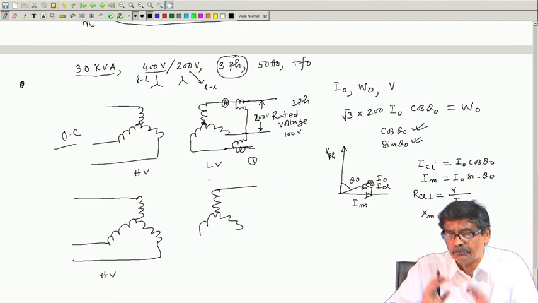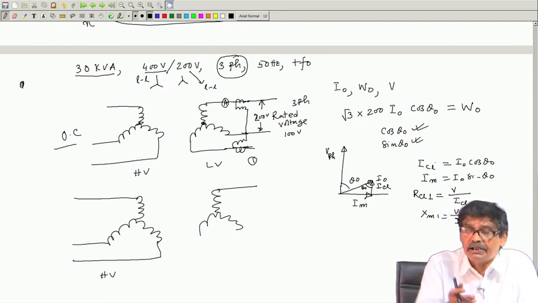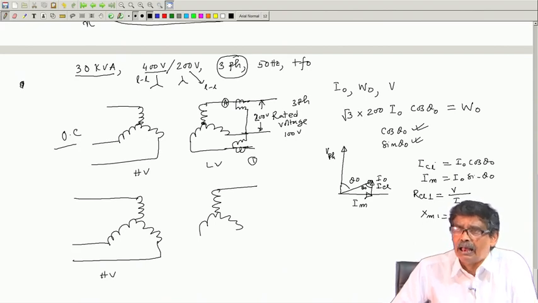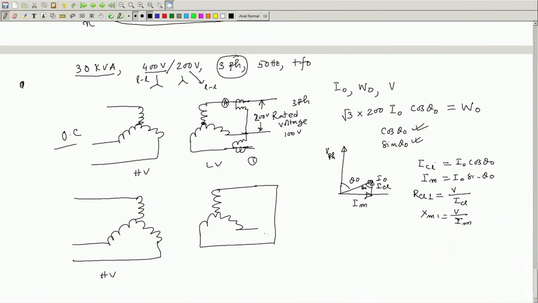In the laboratory all the voltages are available, and hopefully the meters required will also be available. So, you short the LV side. The moment you short the LV side, can I apply rated voltage 400 volt here? Never, because it will draw very large current. Current will be limited only by its leakage impedance.